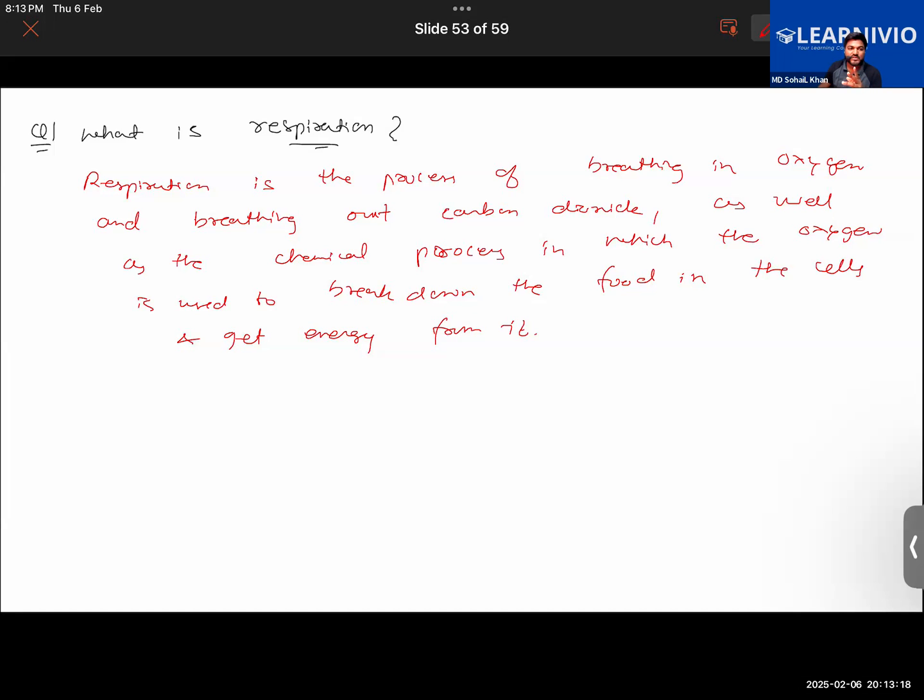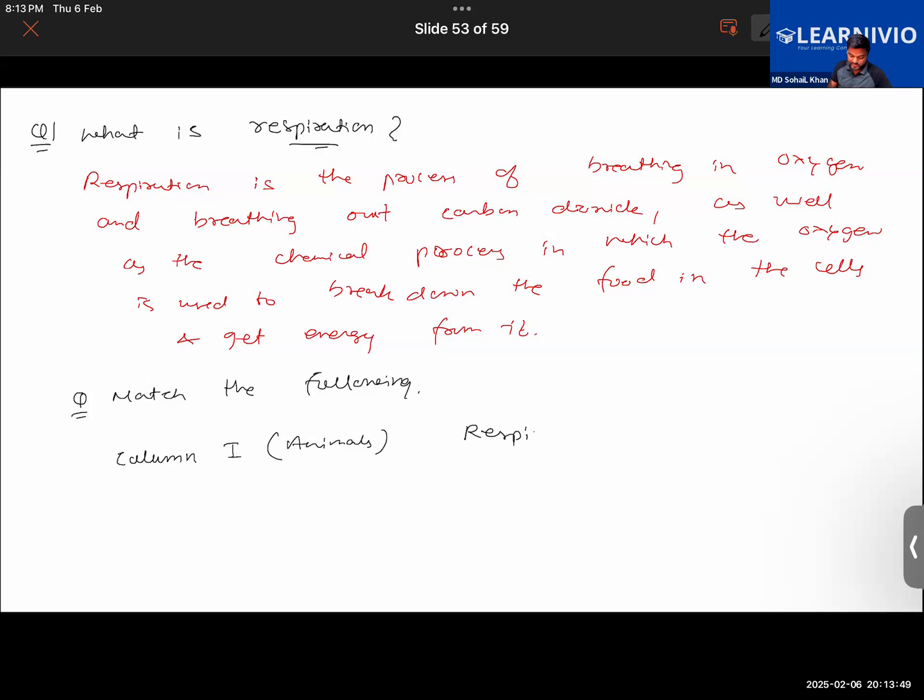What are the two types of respiration? Anaerobic respiration and aerobic respiration.